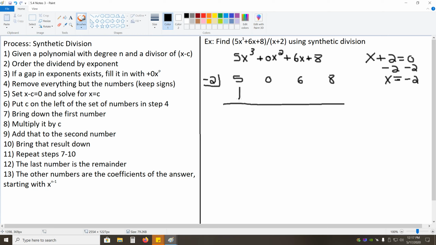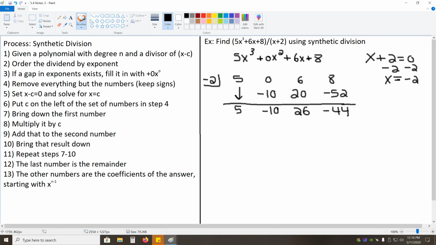We're going to bring down the first number, which is 5, and multiply it by the number on the outside. 5 times negative 2 is negative 10. And add that to the second number. 0 plus negative 10 is negative 10. Times negative 2 is positive 20. 6 plus 20 is 26. Times negative 2 is negative 52. Plus 8 is negative 44.